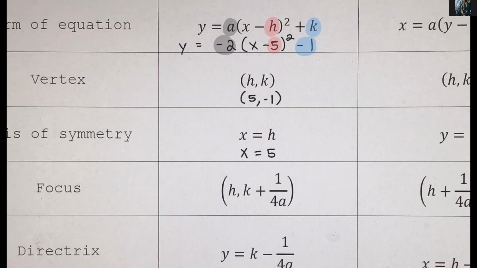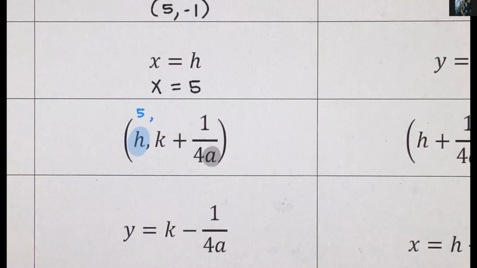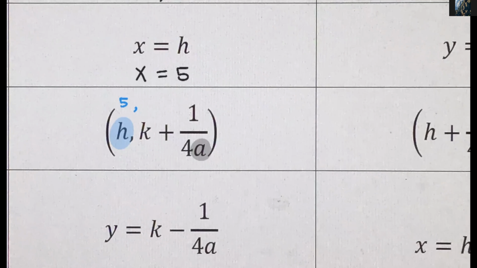Now my focus, in this case, will be h, so no problem in here. I know that h is 5. Then I have to perform an operation. That will be k, that is -1, and then plus 1 over 4a. A, if you remember, will be -2. So let's do that.